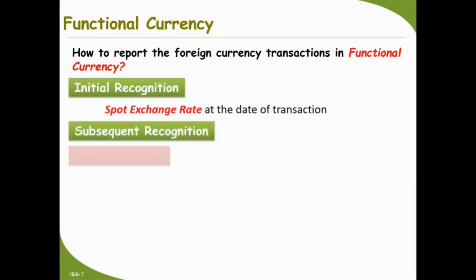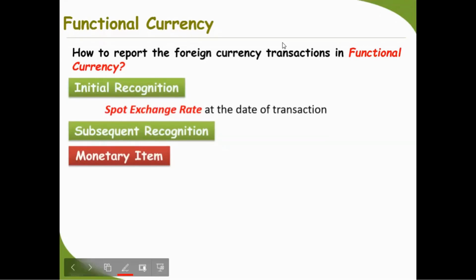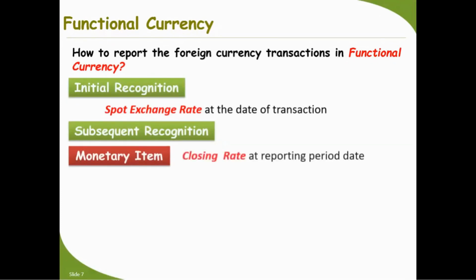Subsequent recognition, if it is a monetary item, and you people know very well monetary items are the items whose value remains constant, in that case you will recognize it at the closing rate at the reporting period date. Initially it would be recognized at the spot exchange rate.